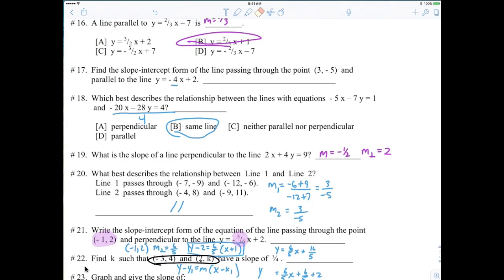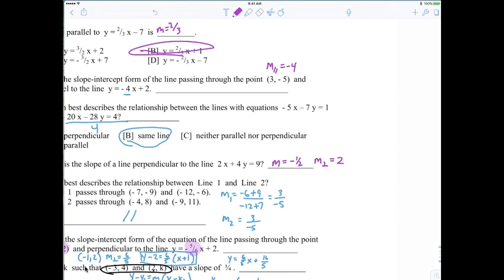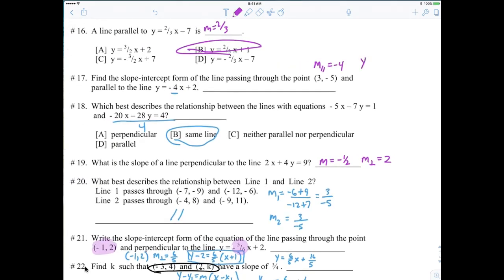So we know the slope of the parallel line is equal to -4. So we would say y plus 5 equals -4 times x minus 3. Wow, we've already done this problem.